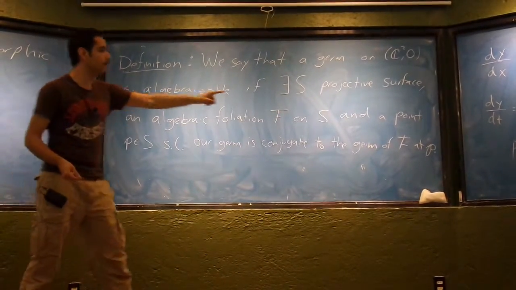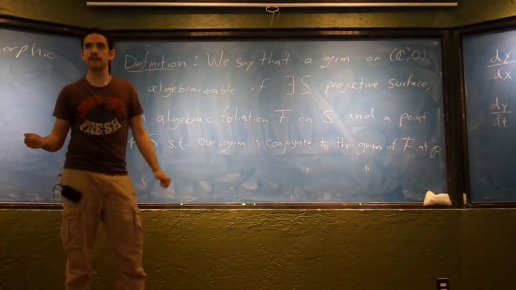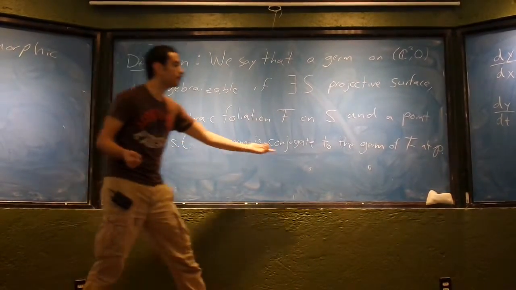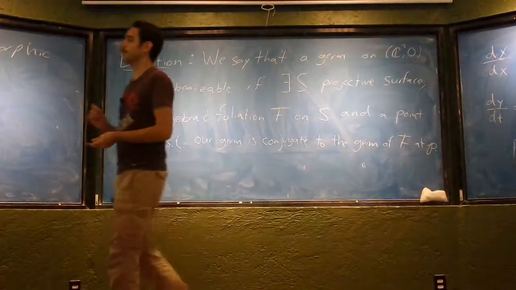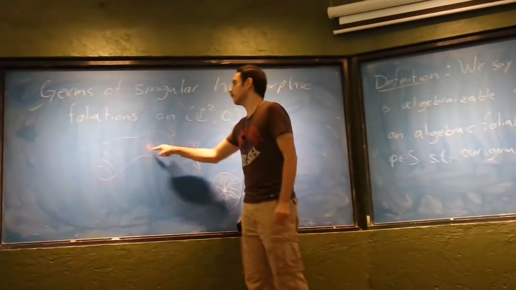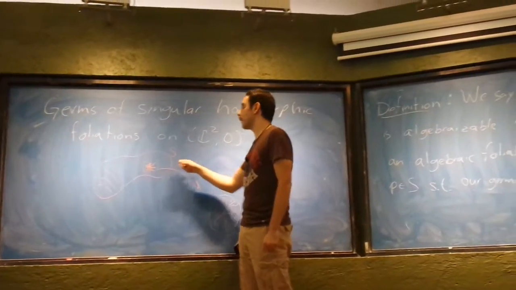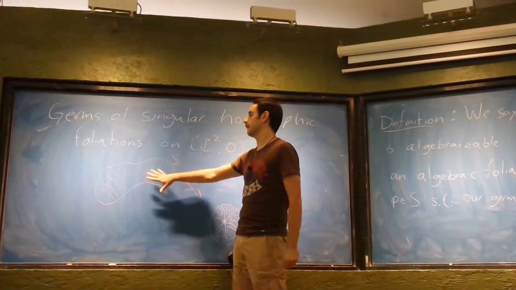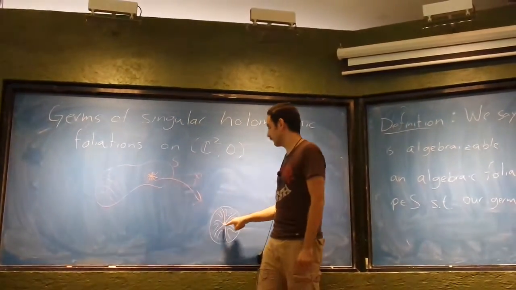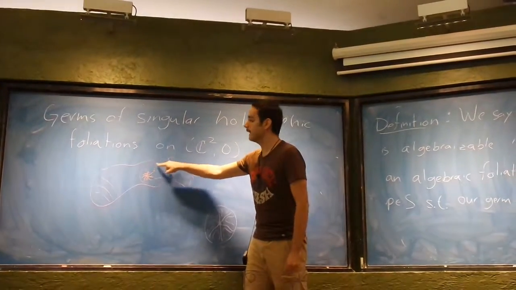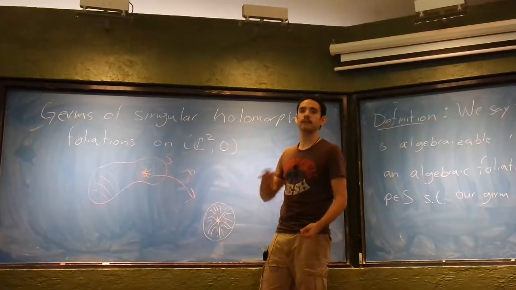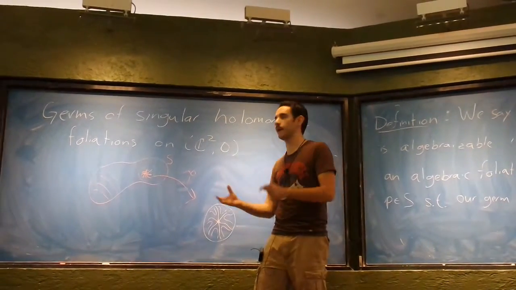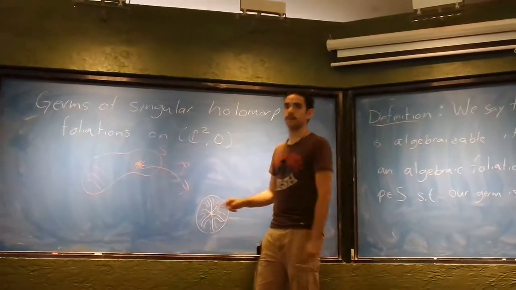And a point P such that our given germ is conjugate to the germ of f at P. And by conjugate, I just mean that on a small neighborhood, we have a biholomorphism defined that maps the singular point to the singular point, and every leaf of the foliation into a leaf of the foliation here. So it transforms in a holomorphic way this germ into this germ.